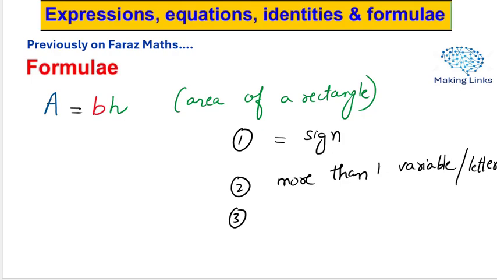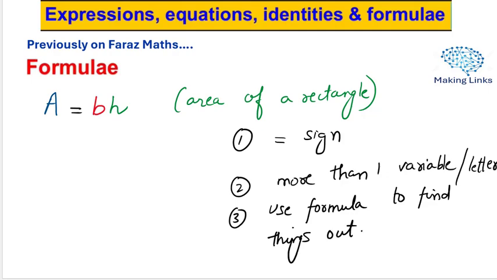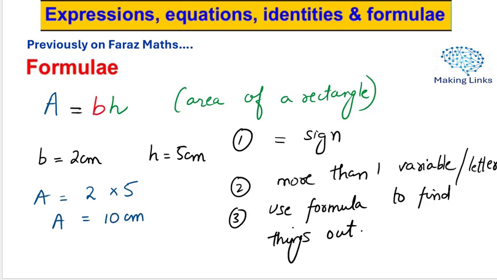And the third one is that we use the formula to find things out. Suppose you have the value of base, it is 2 centimeter, and the value of height, it is 5 centimeter, and if you solve for it, this will give you the area. So what is it? 2 times 5, because base is 2 and height is 5. That will give you 10 centimeter square, as we are multiplying centimeter also 2 times. So that would be 10 centimeter square.